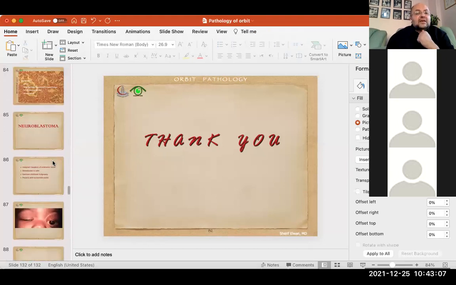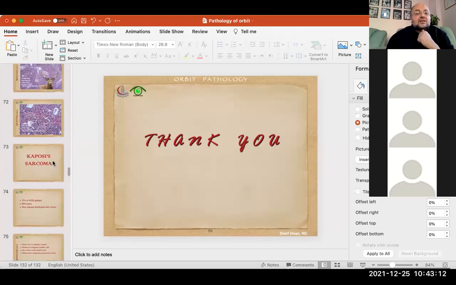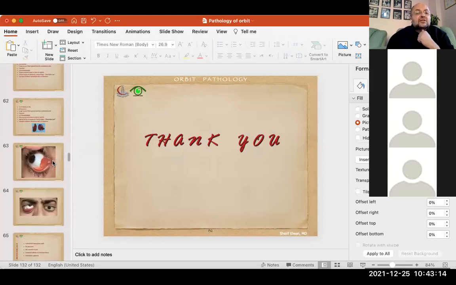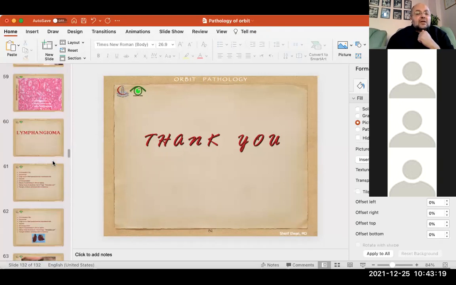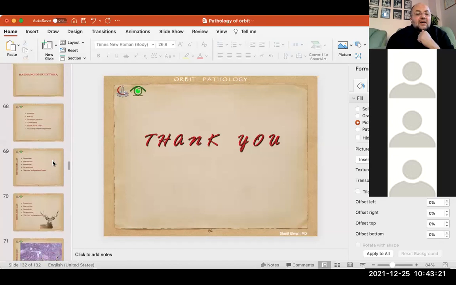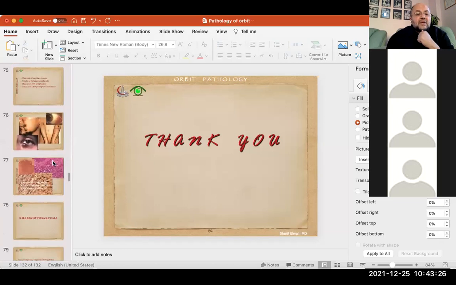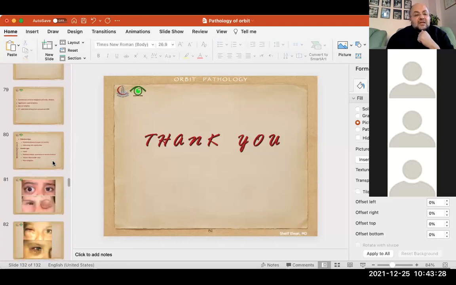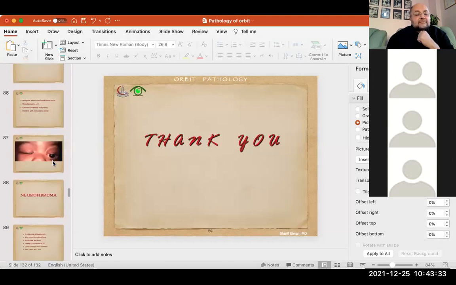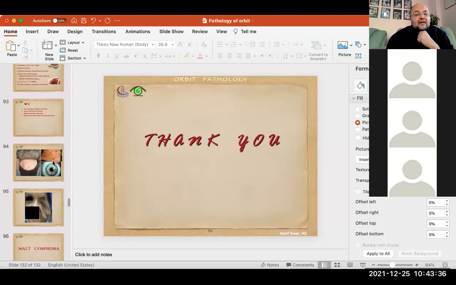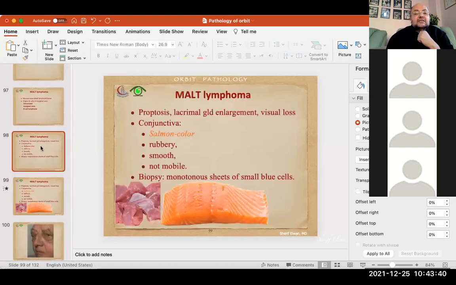So it is simply a lymphoma that originates from the mucosa-associated lymphoid tissue. I am trying to find it for you. Macroscopically speaking, it looks like, as we said, a salmon pink mass, and under the microscope, it looks like sheets.